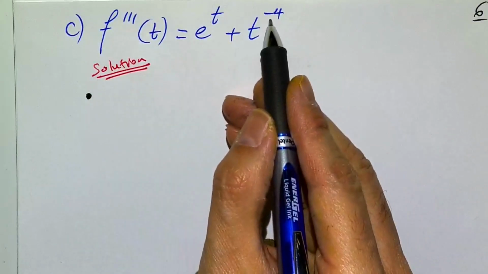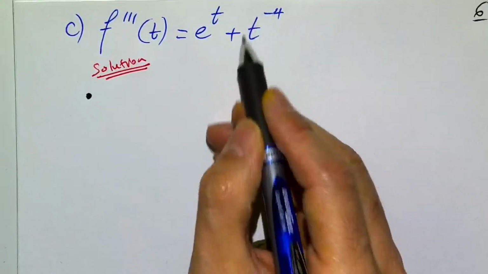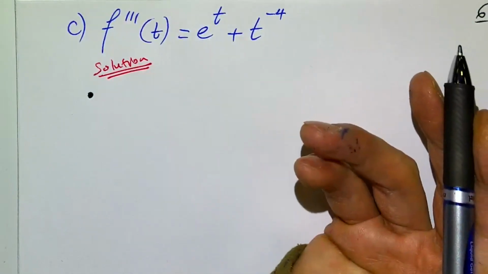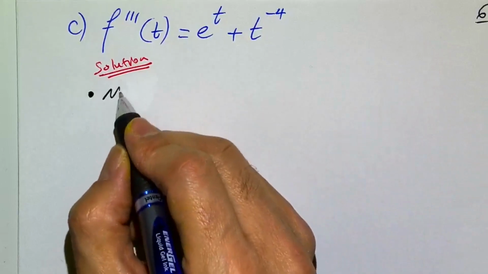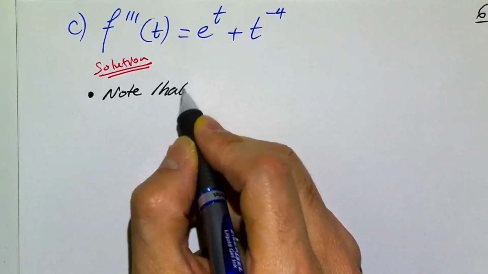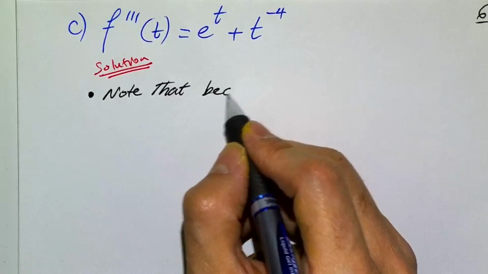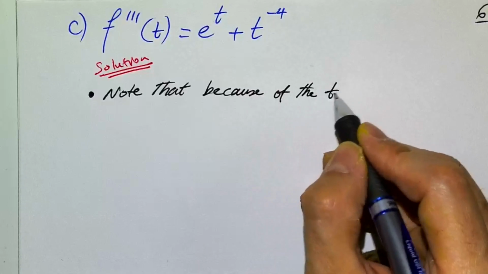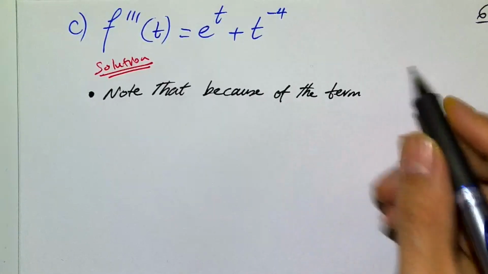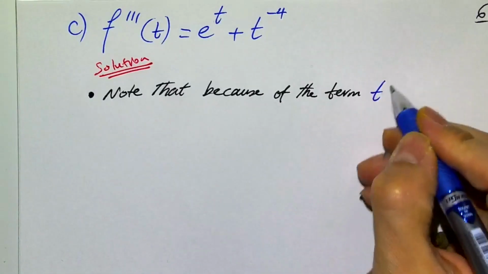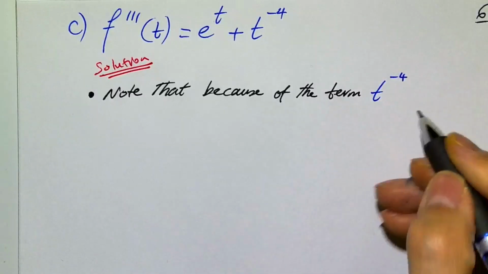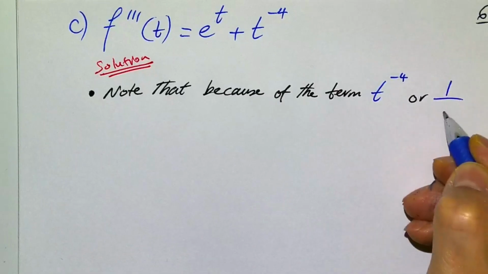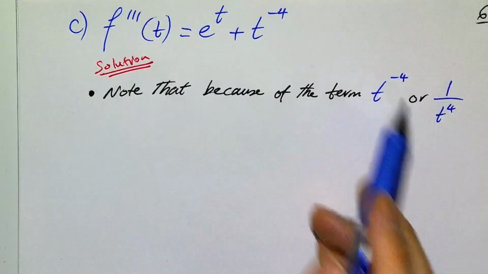Let's note that because of this term, the domain of this function cannot include 0. Let's write that out. Note because of the term t to the negative 4 power, or 1 over t to the 4, that's the same thing.